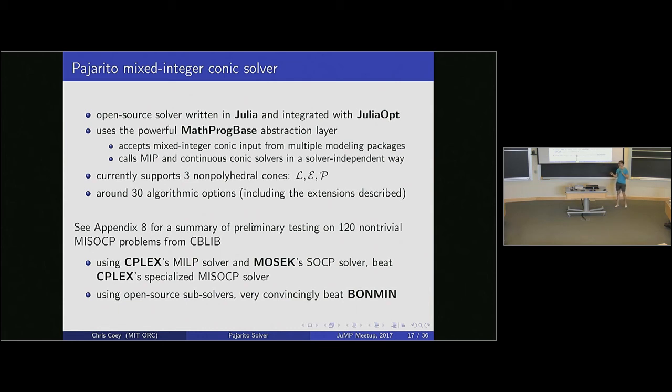The only thing that's not default is that we use our single tree branch and cut rather than our iterative algorithm, which I'll describe. And we do change some tolerances on CPLEX's MILP solver when we use them for Pajarito. So we also beat the open source solver Bonmin very convincingly by using open source MIP and conic solvers.